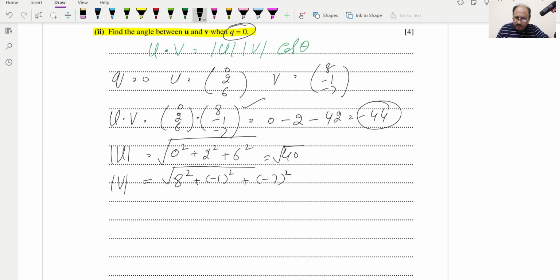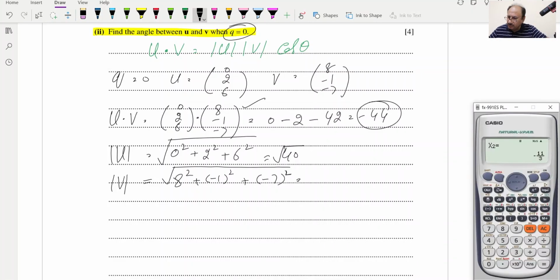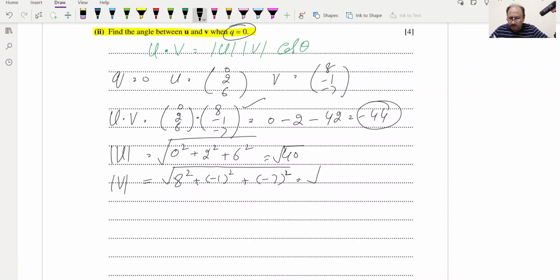We can check with the calculator: 8 squared is 64, minus 1 squared is 1, and minus 7 squared is 49, so this will be equal to 114. Basically this will be square root of 114, we can write over here.